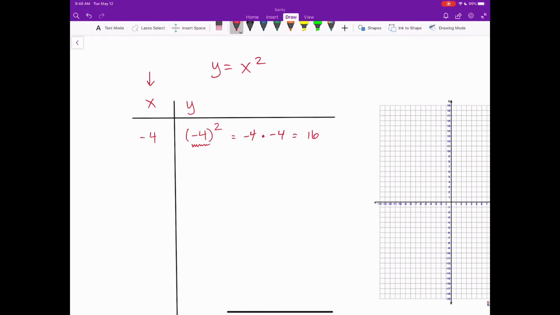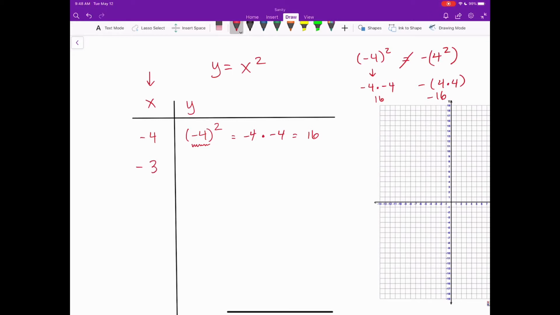Negative 4 squared and negative 4 squared are not the same thing. This says negative 4 times negative 4, and the other says negative of 4 times 4, which would give you a negative 16, whereas here you get a positive 16. I just want to point out that difference.